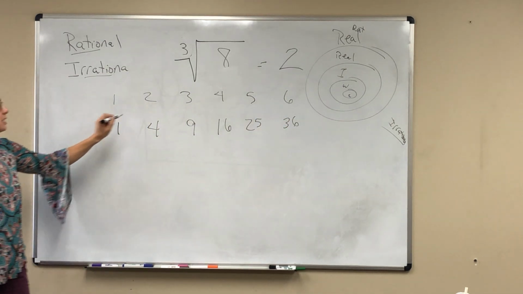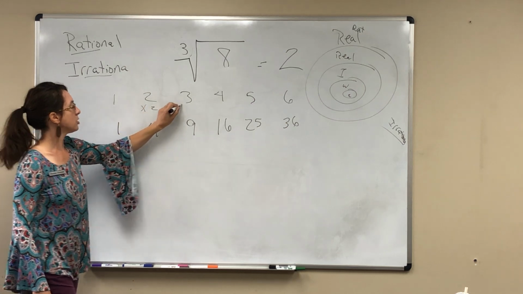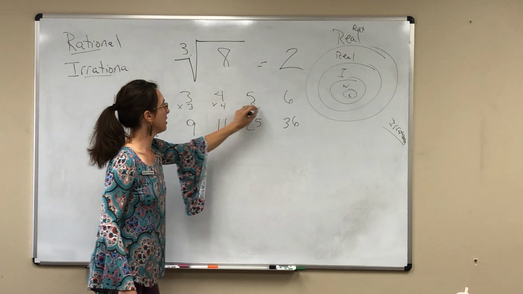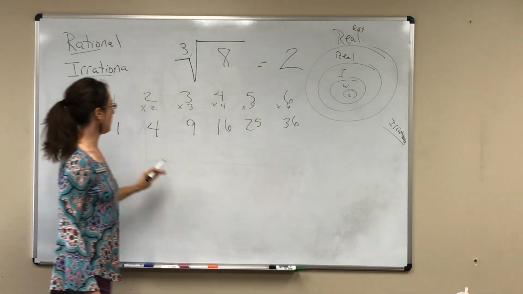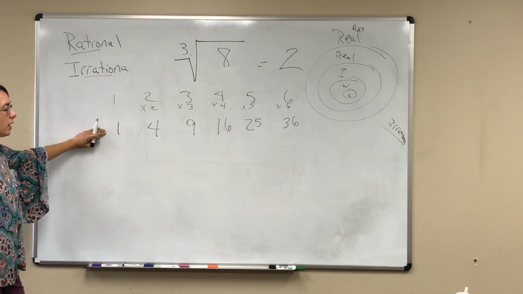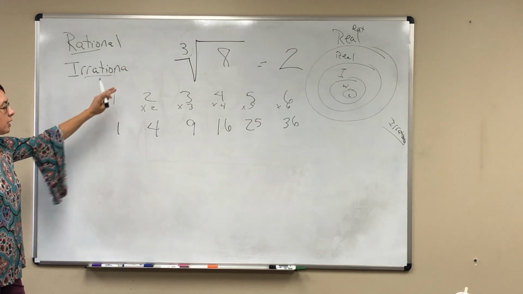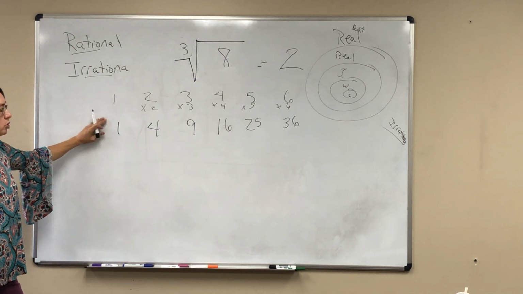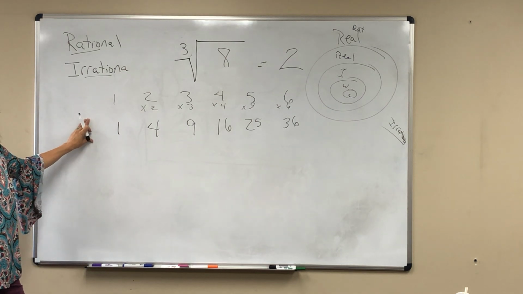Correct? Because what does a square mean? The number times itself. So perfect squares, when we are looking at square roots, will always be rational, right? Because we're just going back and forth.